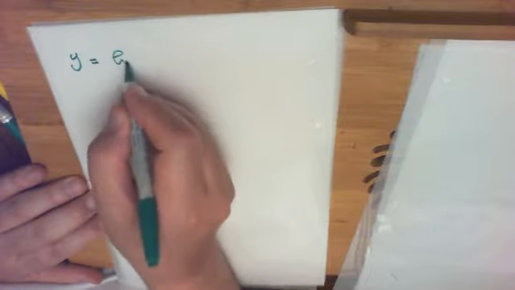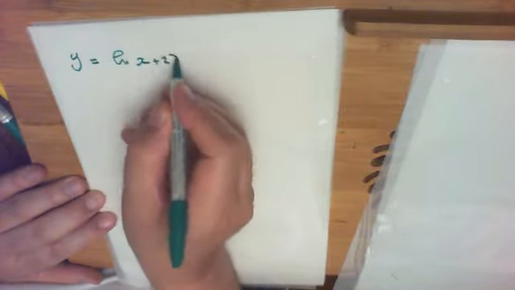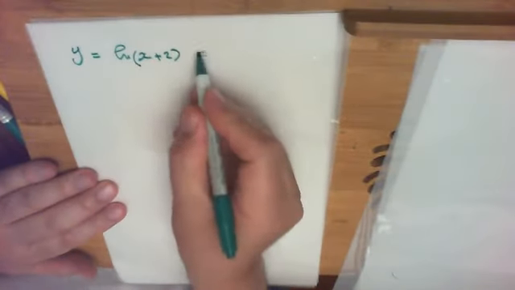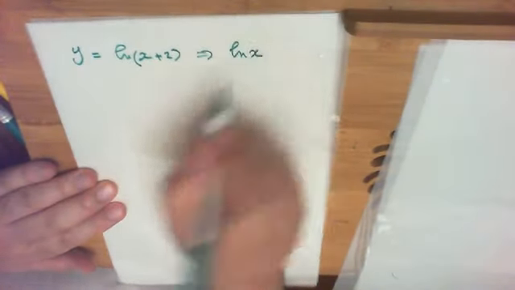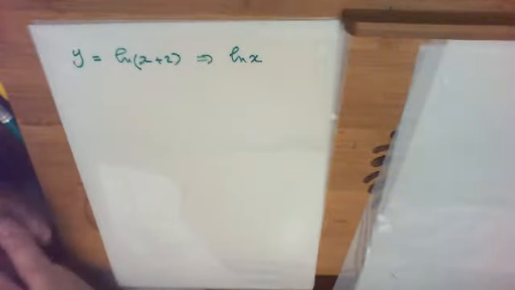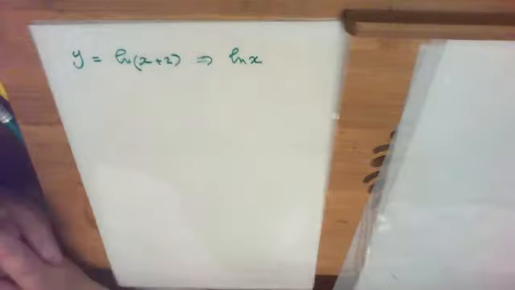Okay, we want to discuss the graph of the curve y equals ln x plus 2. Also, this operation is the original function ln x, where x is replaced by x plus 2.